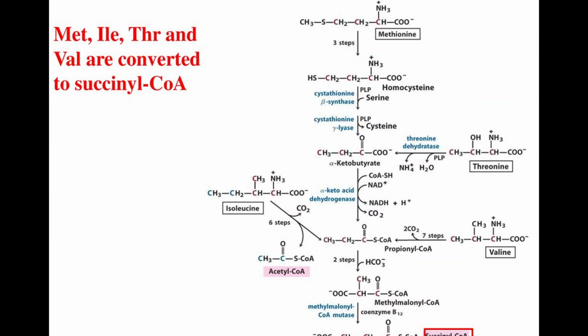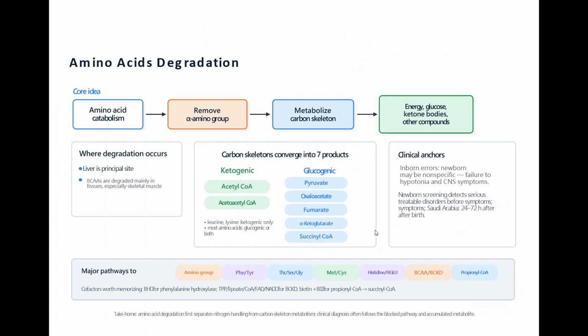So methionine, threonine, isoleucine, valine all eventually form propionyl-CoA, which will be converted to succinyl-CoA and enter the Krebs cycle. That's why they share the same pathway. This is a summary of what we have studied today, and this is the end of my lecture.